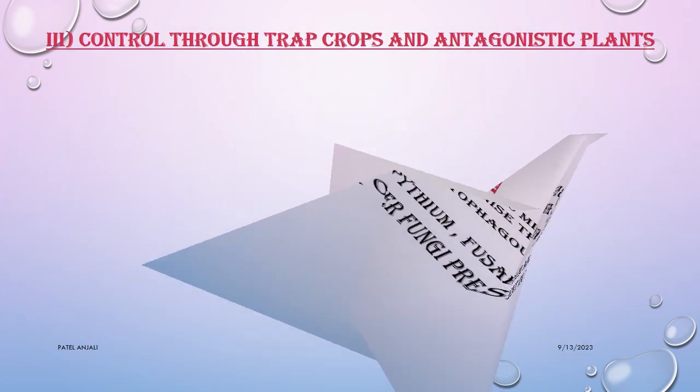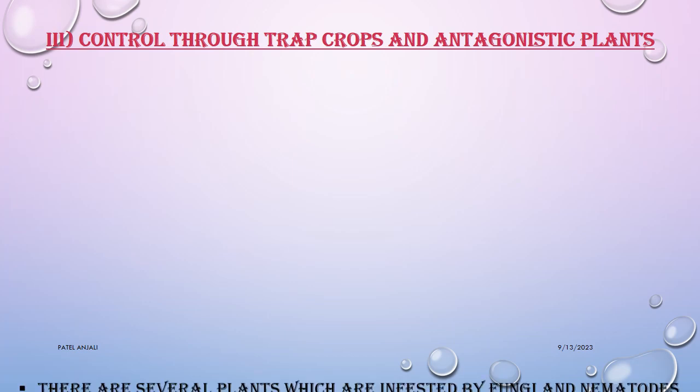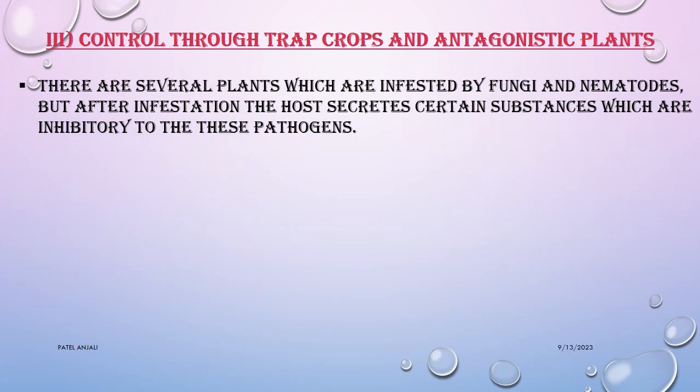Control through trap crops and antagonistic plants. There are several plants which are infected by fungi and nematodes, but after infection, the host secretes certain substances which are inhibitory to these pathogens.